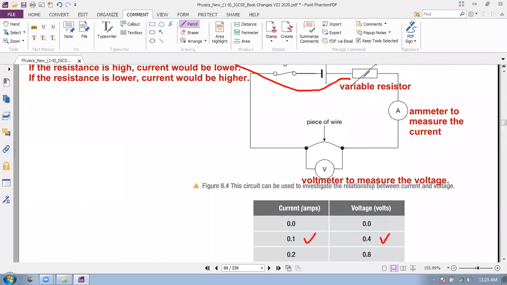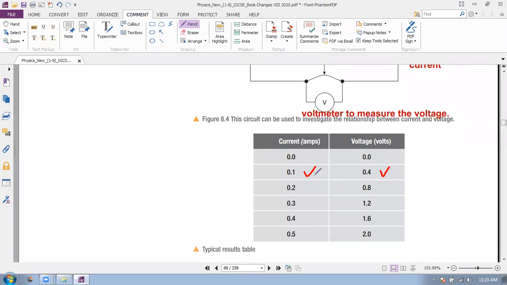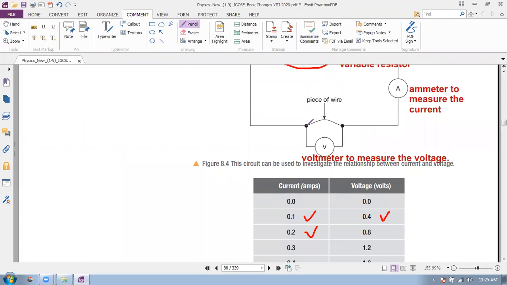Now we decrease the resistance a bit. As we decrease the resistance, current flow through the whole circuit increases. So current increased, it becomes 0.2 ampere. And the voltage drop across this piece of wire also increased, it becomes 0.8 volts.